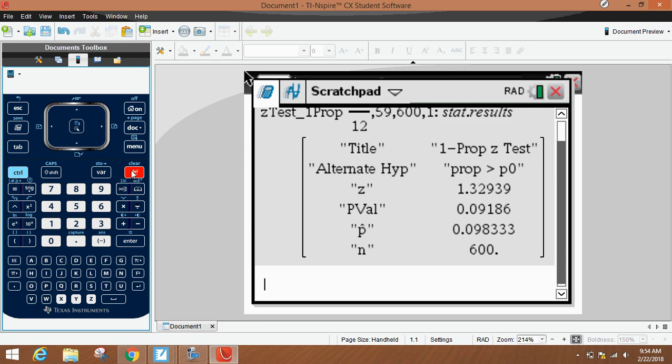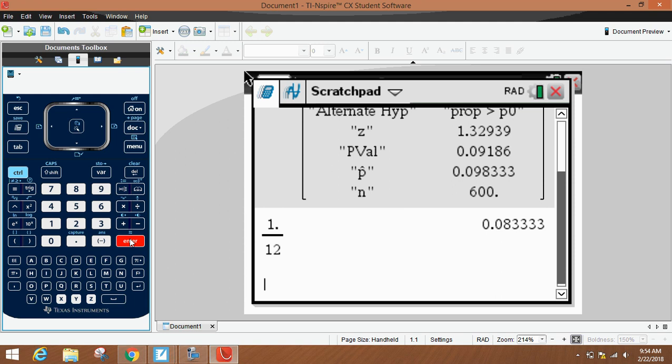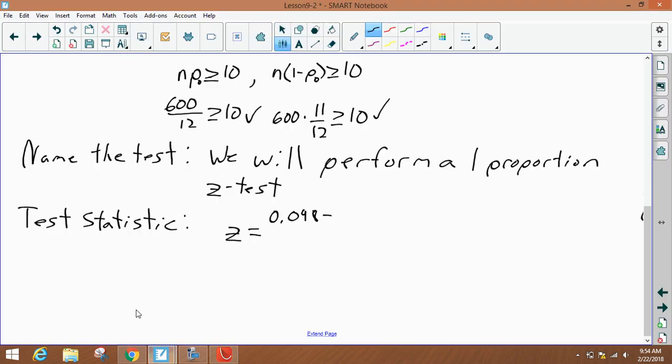It's just going to be nicer. Remember, guys, if you want a decimal to spit out from your calculator, you just put a decimal in your fraction, and then it says, "Oh, you want a decimal answer." So 0.083 is what I'm going to put in here.